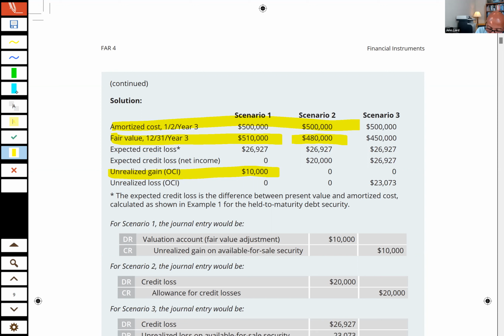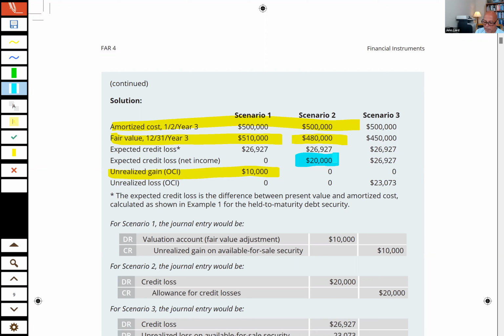But when you look, since the expected credit loss is more than the difference between the fair value and the amortized cost, we're limited to reporting a credit loss of just 20,000, because again, we could sell at that point for 480 and our loss would be stopped at 20,000, right?